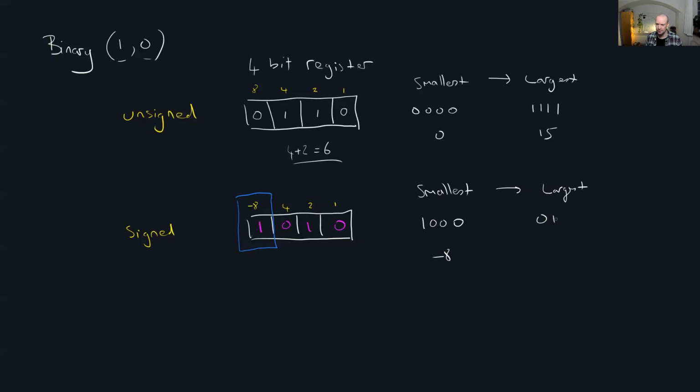Perfect. We have a different number system. If we had a 5th register, the 8 would become 16, 32, 64, 128, and so on and so on.